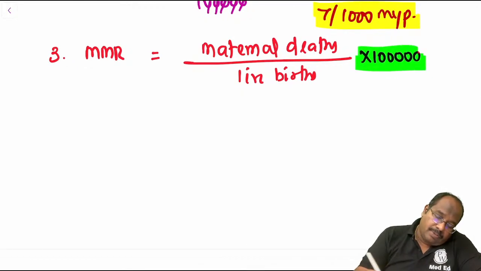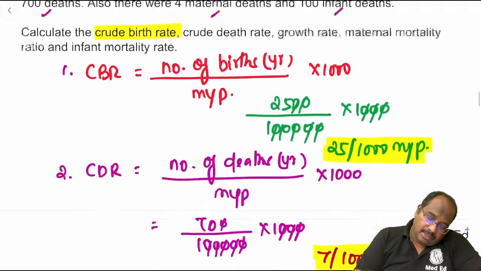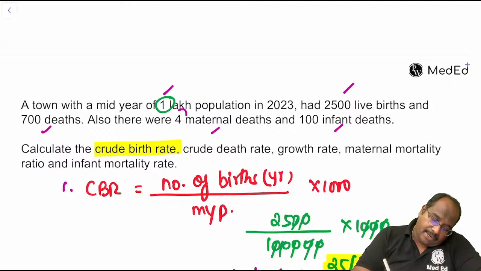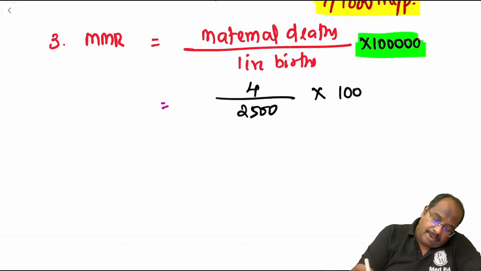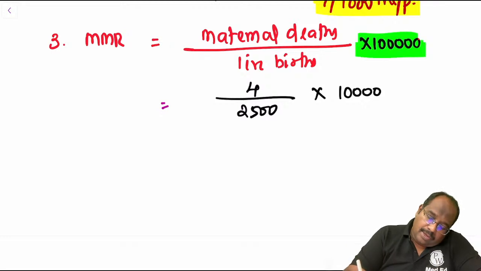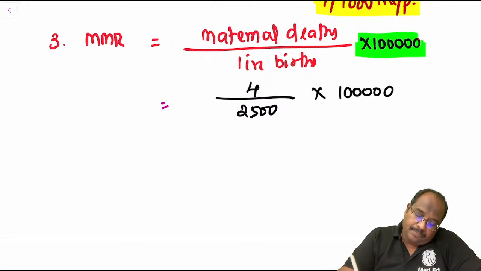Now see here, how much is the maternal death? We saw 4 maternal deaths. Live births is 2500, multiplied by 1 lakh.